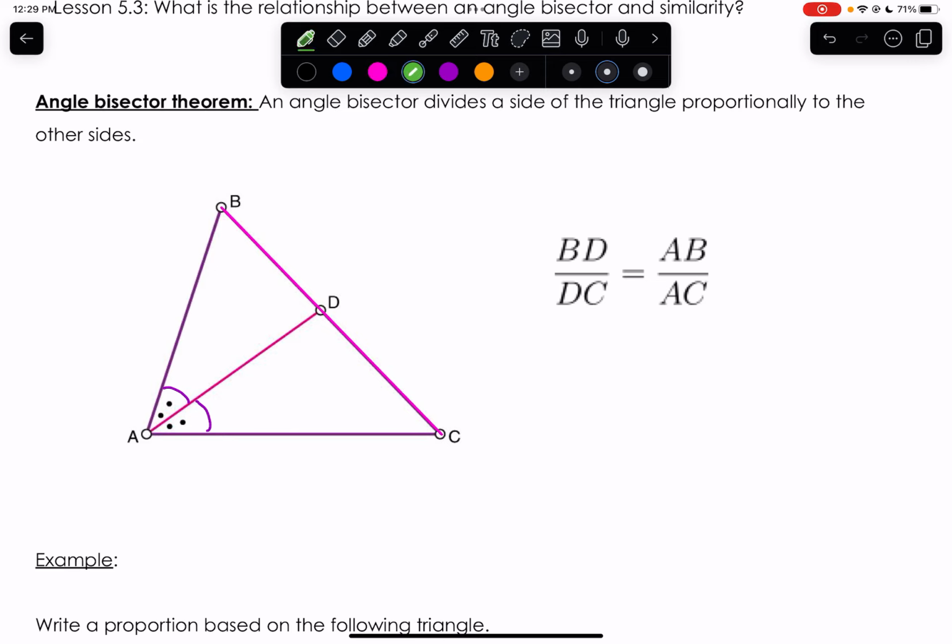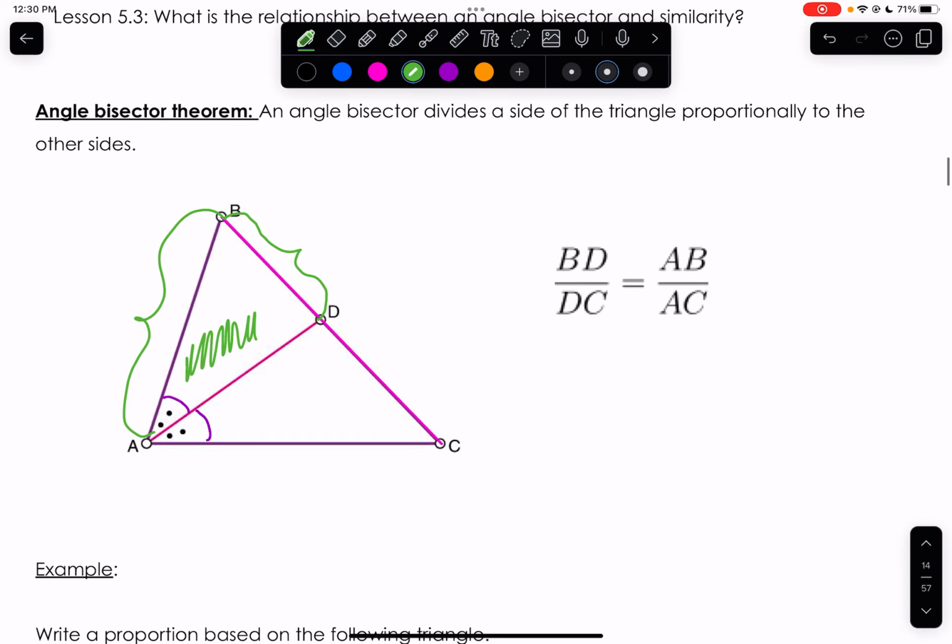So this side and this side are both in my top triangle. The ratio of my side that is split to the original side of that triangle will be the same as the lower triangle, right?